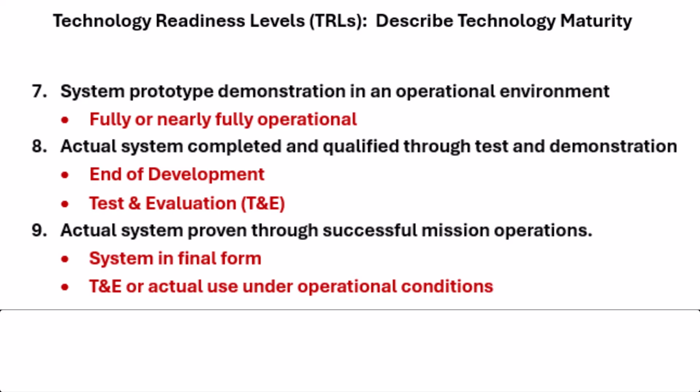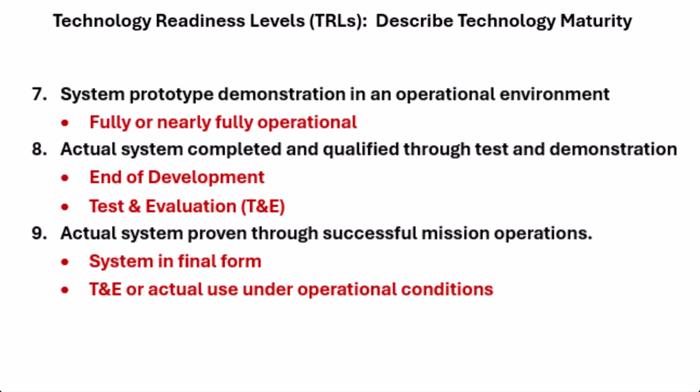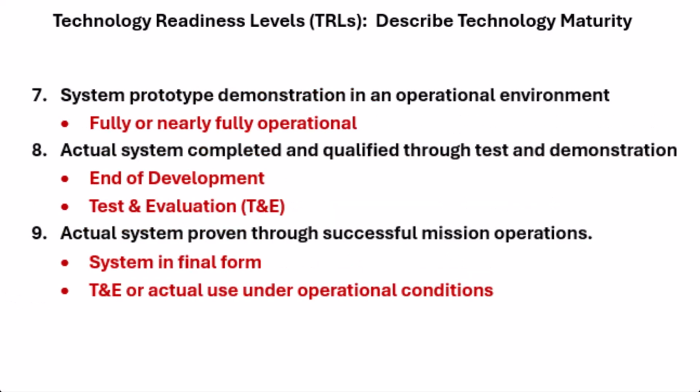You'll notice that both the functionality and the durability of the technology increase as we proceed through this list of TRLs. However, in many cases, it is necessary to mass produce a product based on a technology that has been characterized by these TRLs.